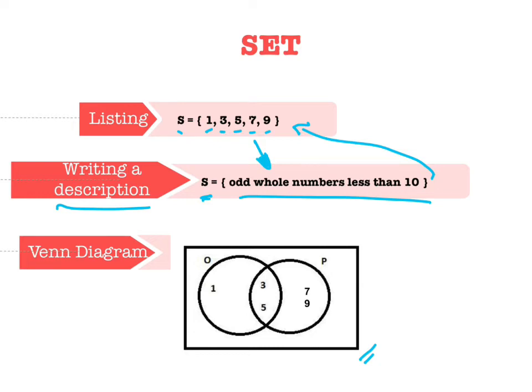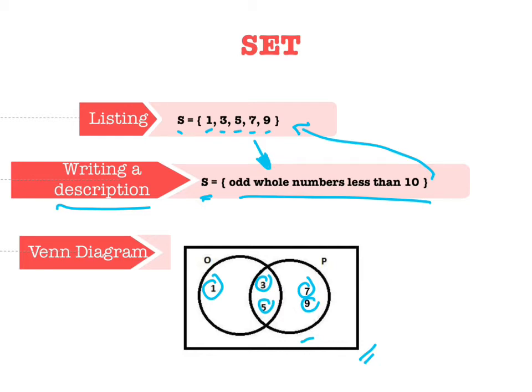It is a rectangle, and then there are circles inside the rectangle. It can be only one circle or two or any number of circles drawn inside the rectangle. And in the circle, you have the elements which are included in the set. Okay? They can be inside the circle or outside the circle.